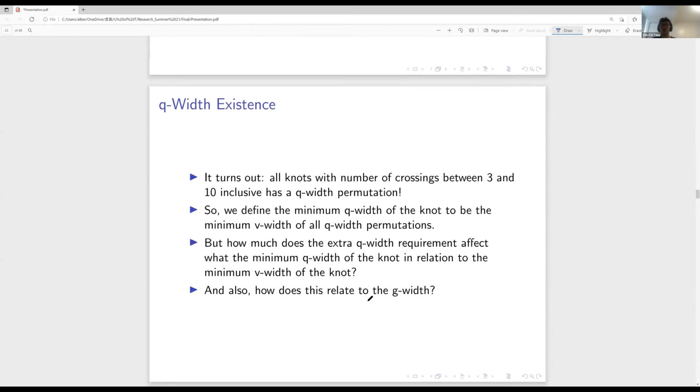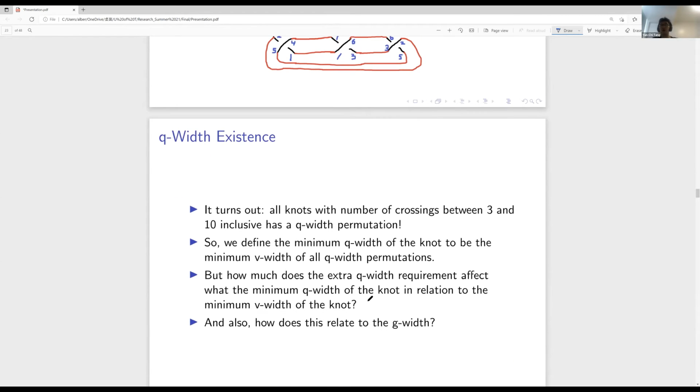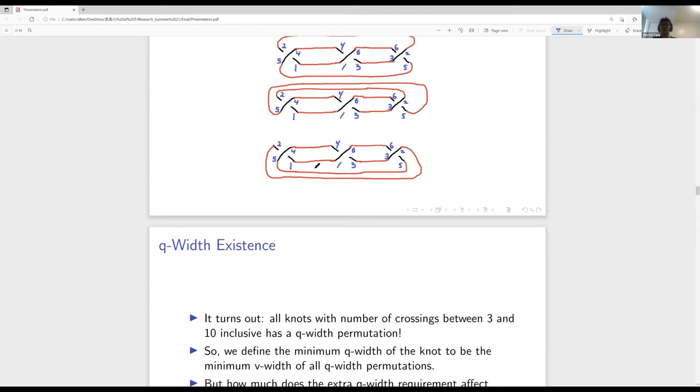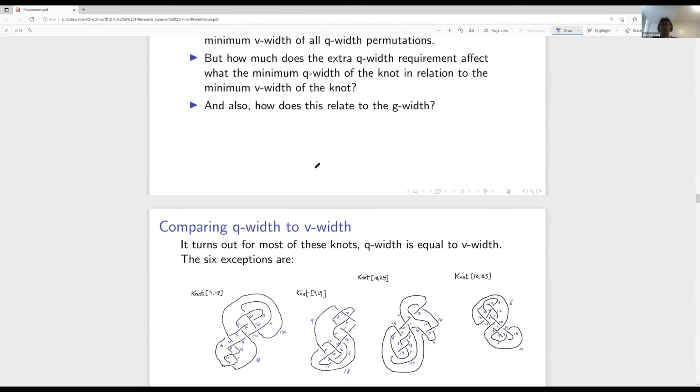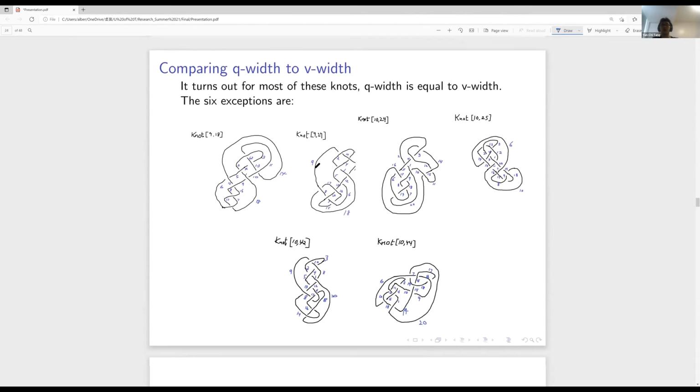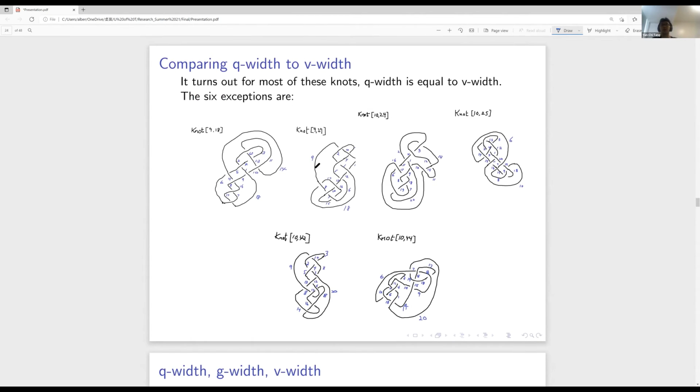And also we want to know how this relates to the graphical width, because at the end of the day, we are drawing knot diagrams and we want to know what it looks like. So at this point, we can computationally determine that for most of the knots, the minimum quick width is going to be equal to the minimum virtual width.